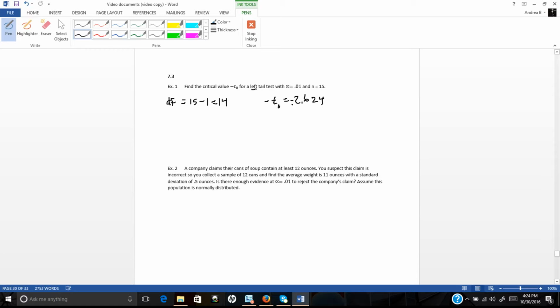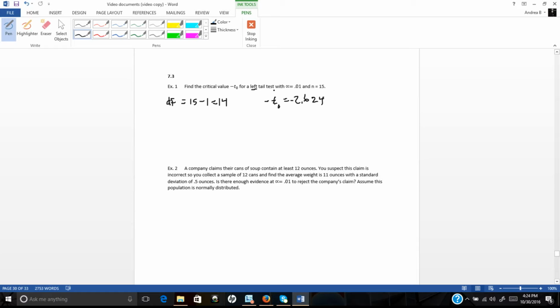In the table, it only gives the positives, but since it's a left tail, we want negative. Just like with the normal distribution, the t-distribution is also symmetric. So for a critical value, it would be negative 2.624, using that table for the t-distribution.